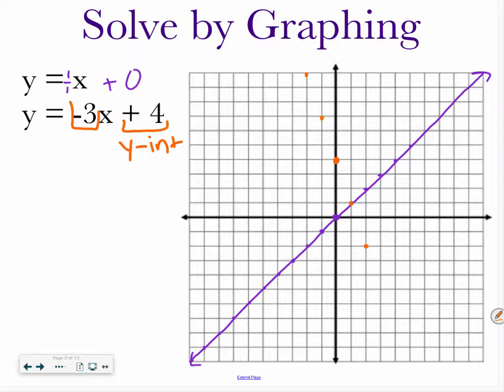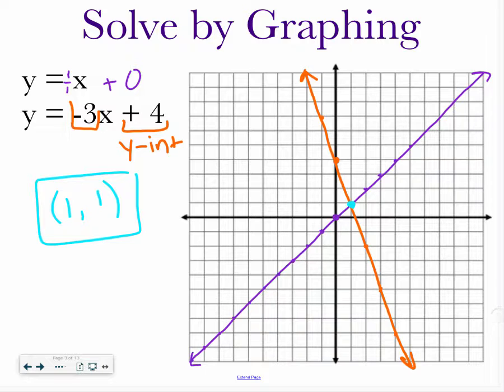Then I connect these dots to get the graph of my line. I know the solution for this problem is where the two lines intersect, which is right there. So my solution is (1, 1).